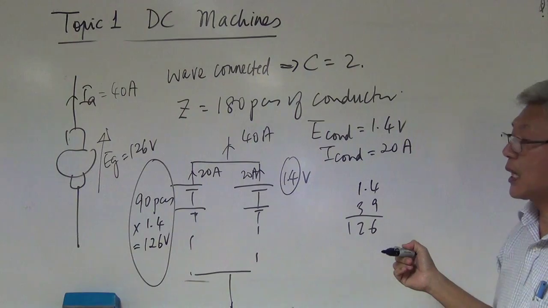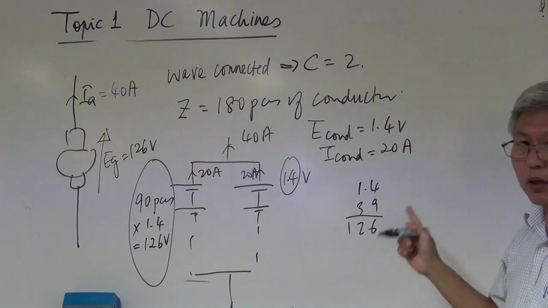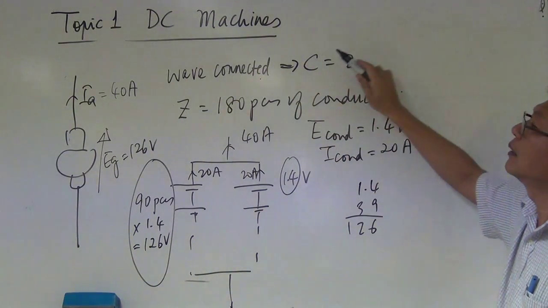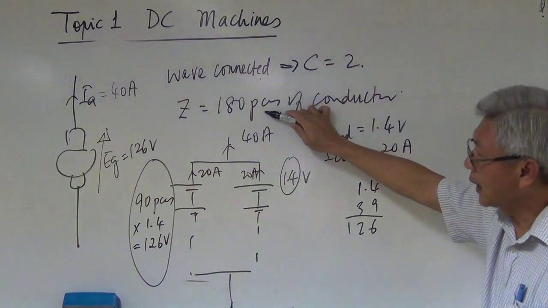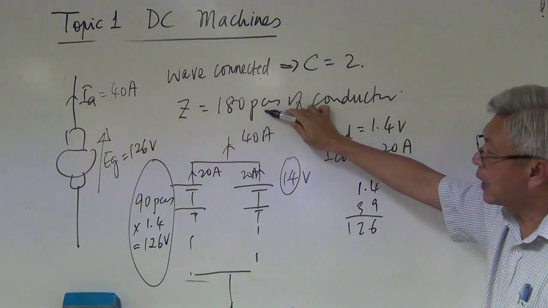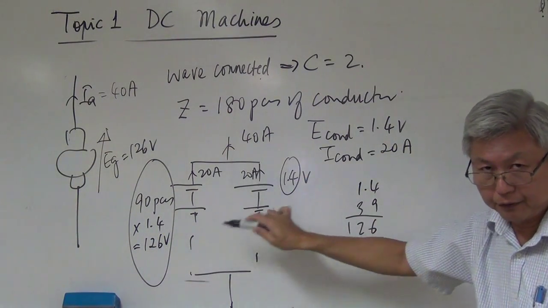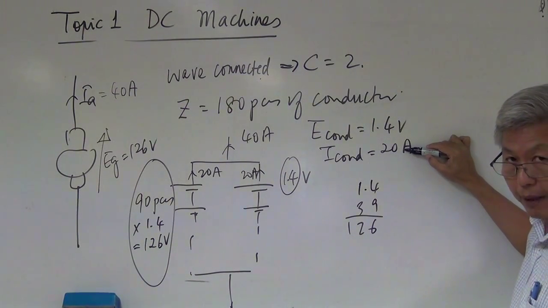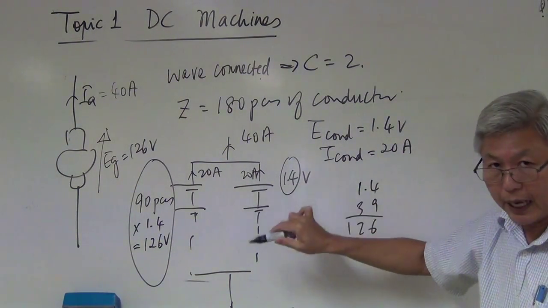Familiar with this kind of knowledge? This is called the connection. If the circuit says wave connected, it means 2 paths. Given the total number of conductors, you reason out how many conductors per path. And you're told per conductor how many volts and how many ampere. You reason it out from the diagram.